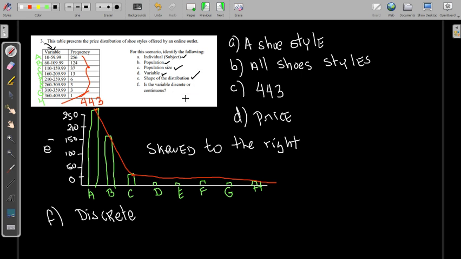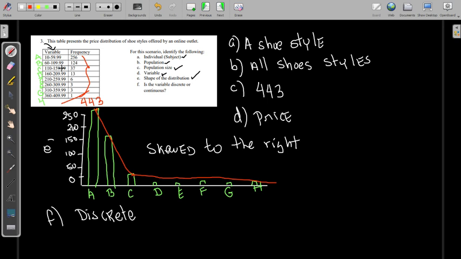All right, now here's where we might have a little bit of a question. Is this variable discrete or continuous? If you look at the variable here, it goes from 10 to 59.99. The other one was 60 to 109.99.